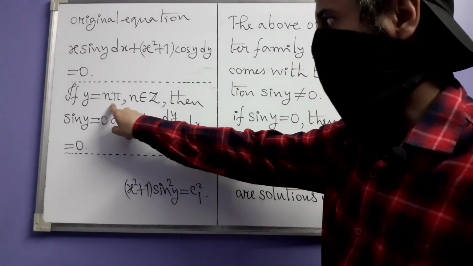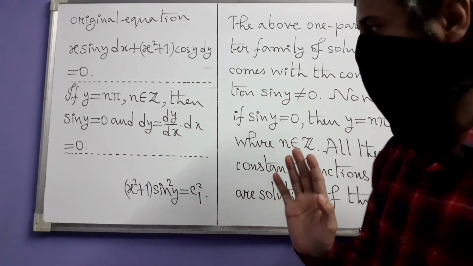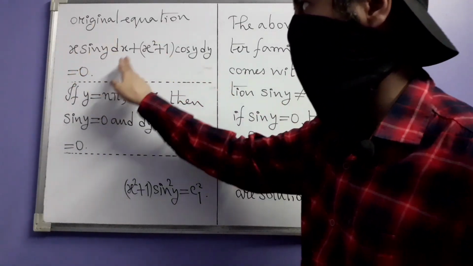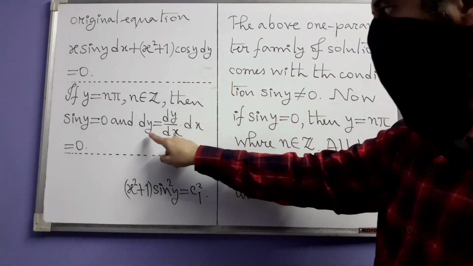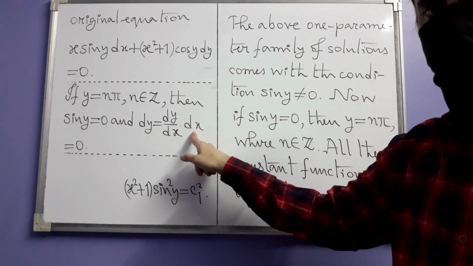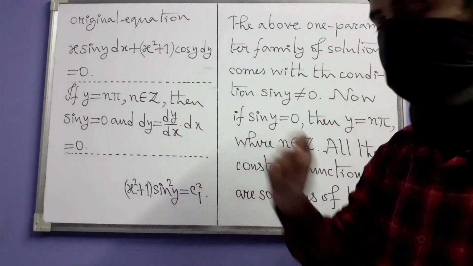If y is n pi, where n is some integer, then sin y obviously is 0. So sin y is 0 means this term vanishes. What about this term? Here the differential of y, which is dy dx times the differential of x, is 0 because the derivative is 0.